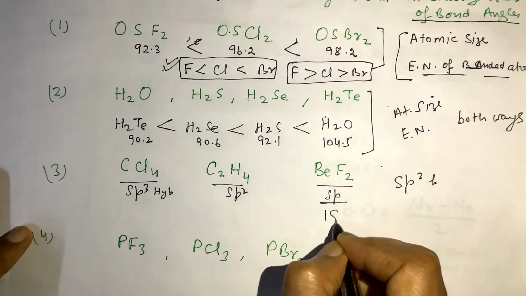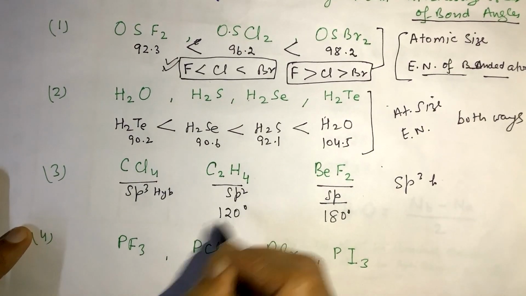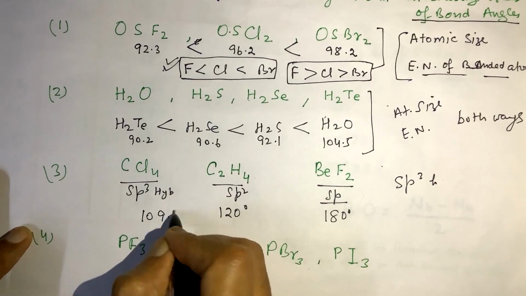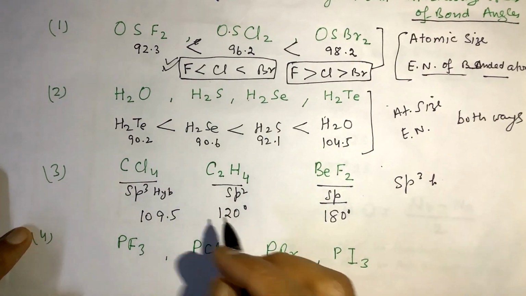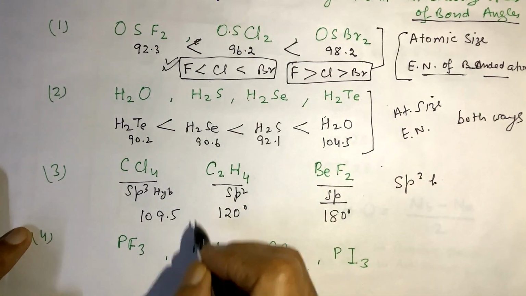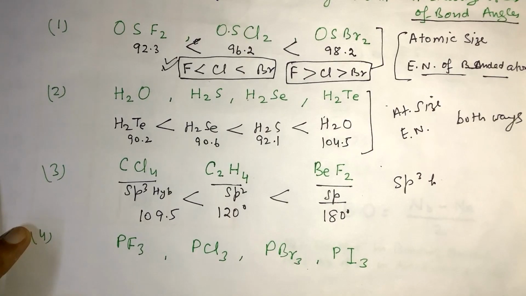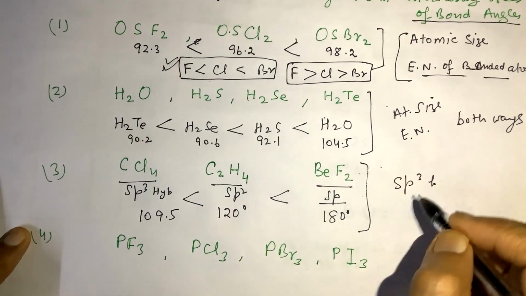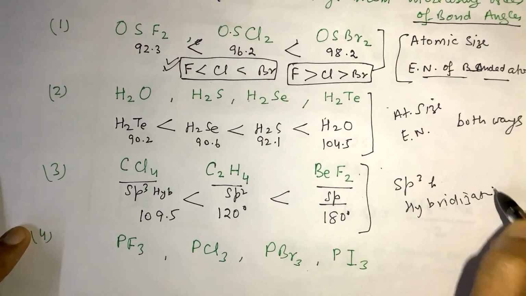So this is 180 degrees, this is 120 degrees, and this is 109.5. If we place them in increasing order, then this is the trend. This is the hybridization principle.